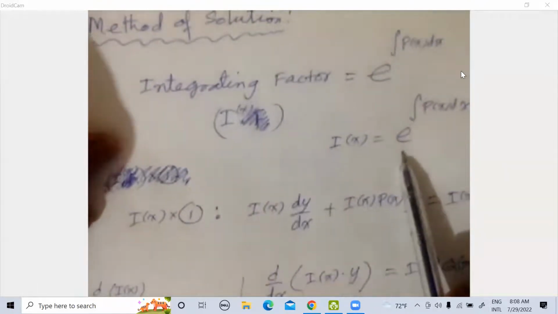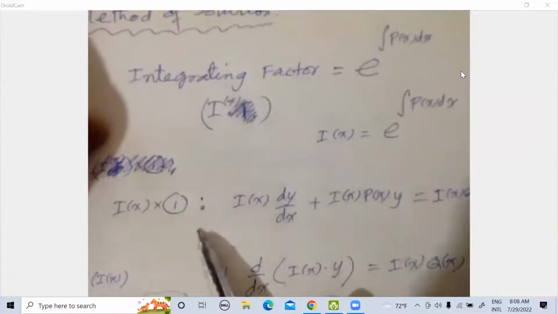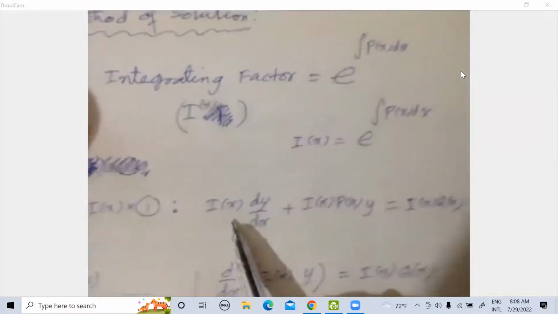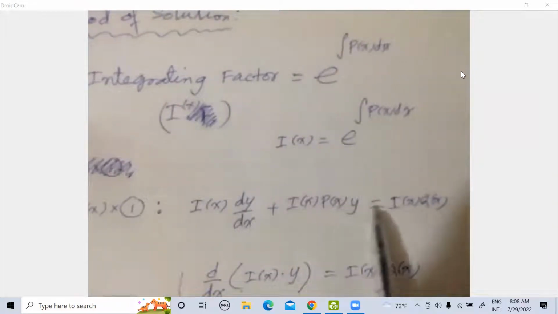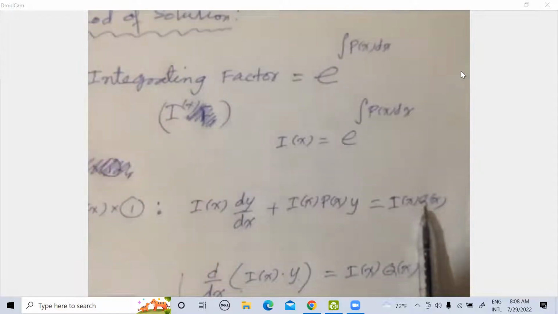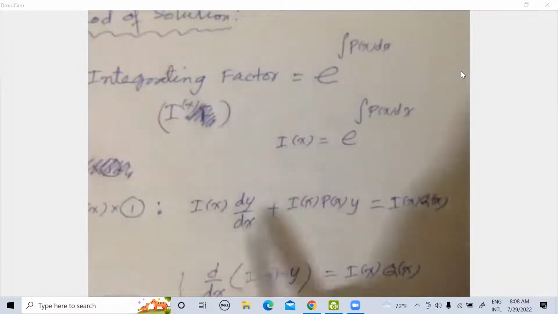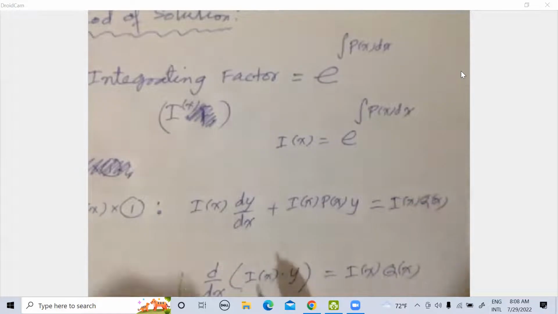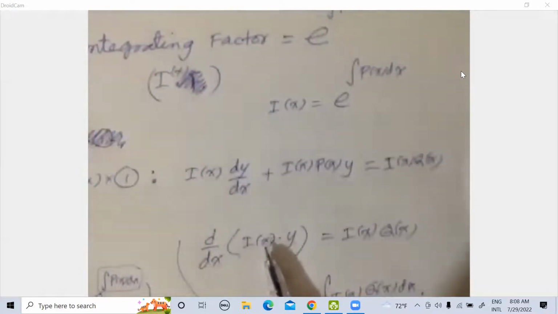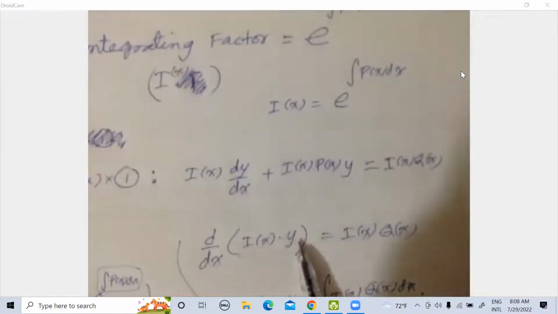First form the integrating factor, and multiply equation 1 by that. Take the equation, multiply. This side always becomes, using the product rule, the integrating factor times y. Check that.